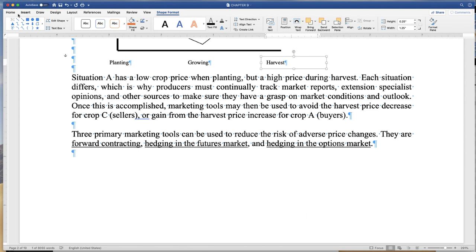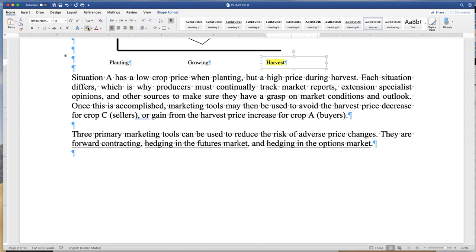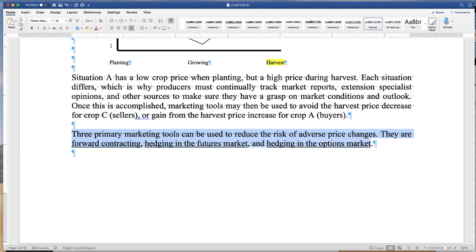Now, what are the tools? Let's make sure we can highlight a few of those. There are really 3 primary tools. Forward contracting, meaning we find someone else to sell things to us so we can be the buyer, or we find somewhere to sell it to. That's called a contract. Or hedging using the options market. And so those were the things that we looked at in this whole section.